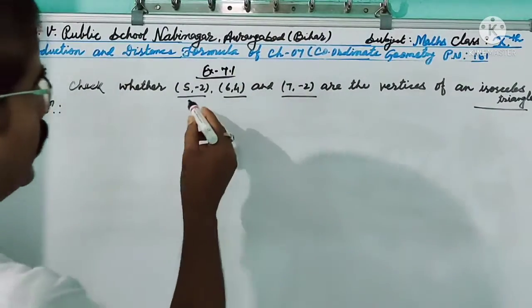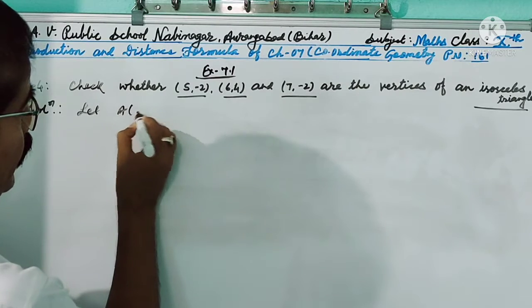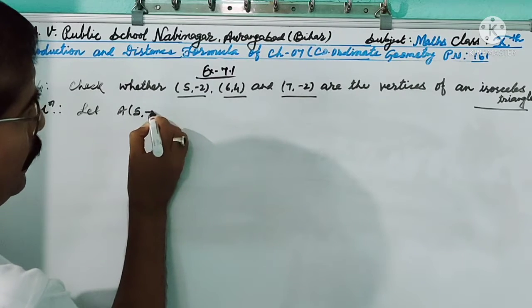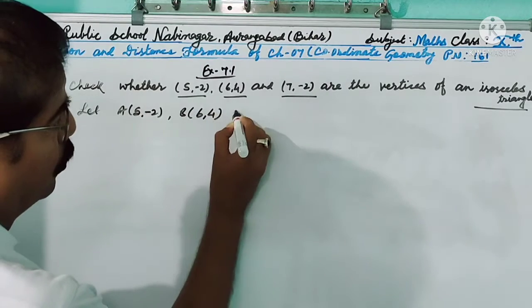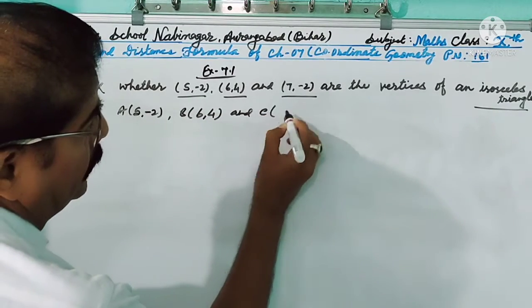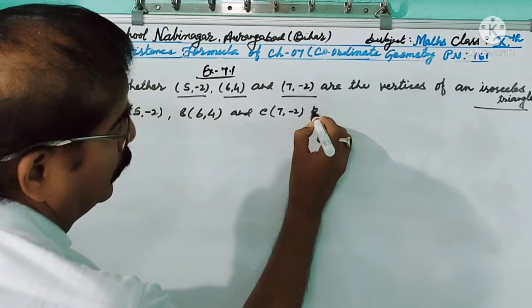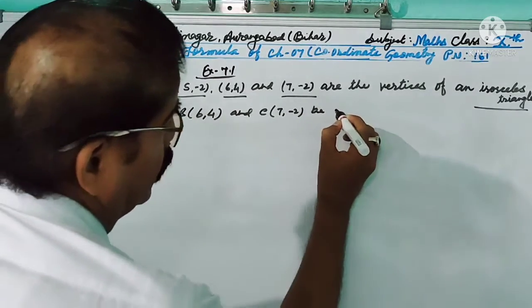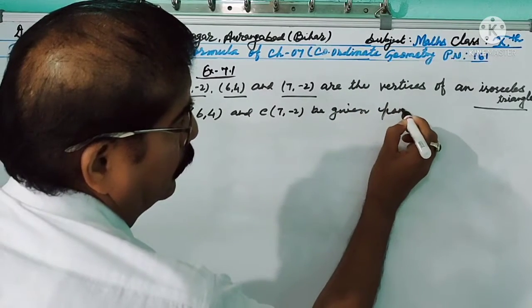So here, given 3 points, let A (5, -2), B (6, 4) and C (7, -2) be the given points.